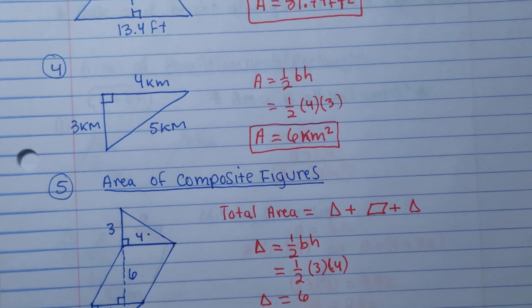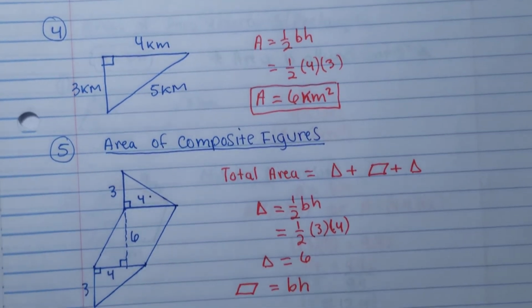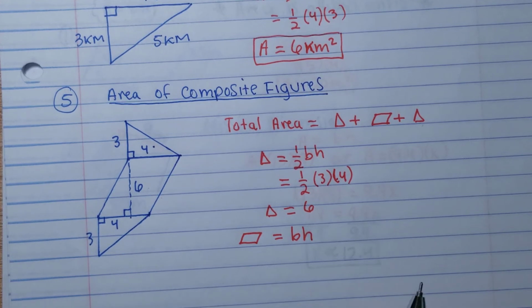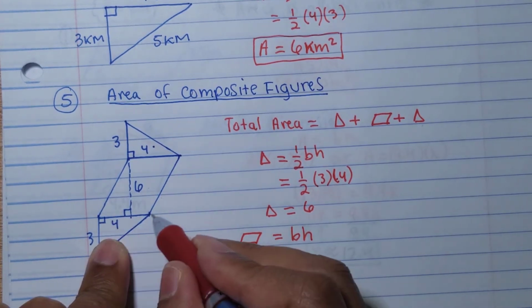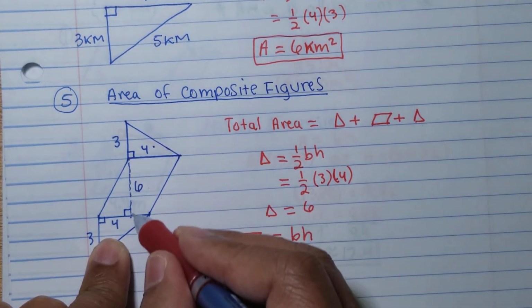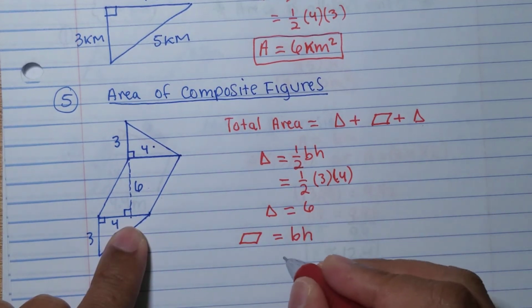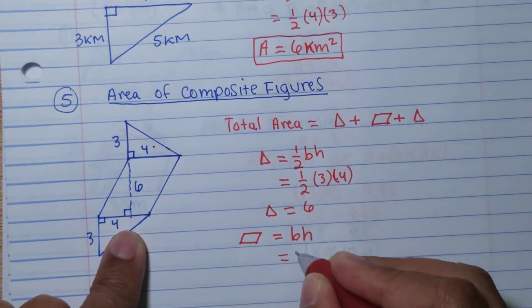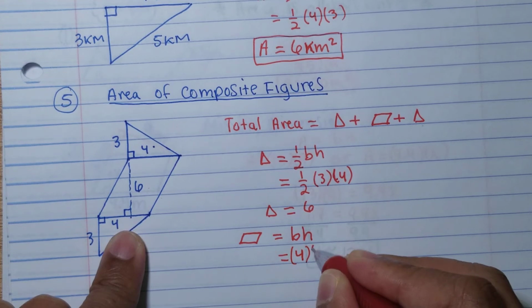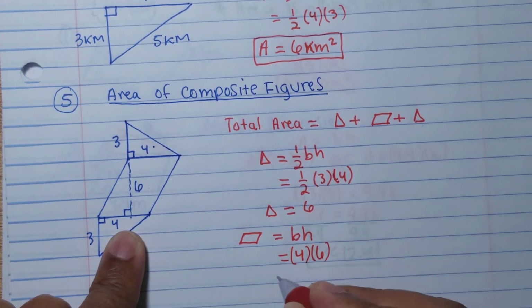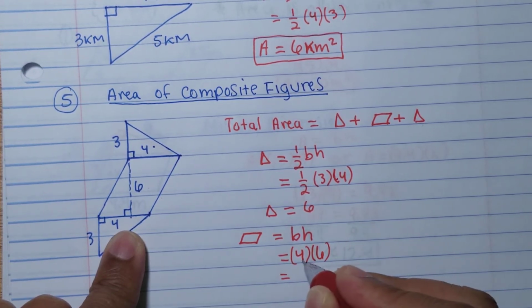That one is going to be equal to base times the height. The base is 4, the height is 6. These two are perpendicular, so this is going to be equal to 4 times 6, which should be 24 units.